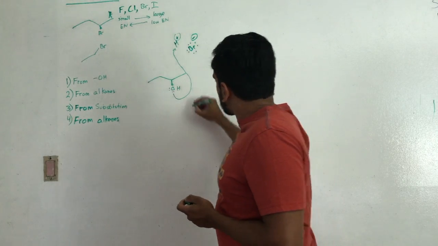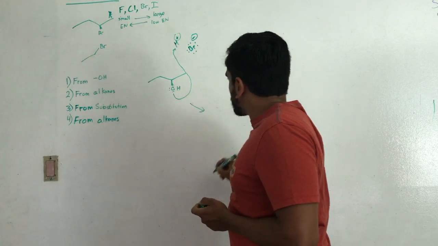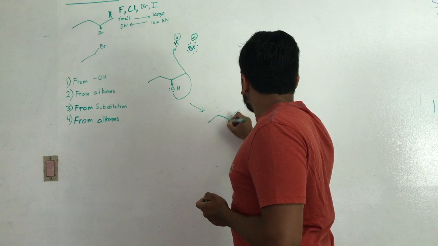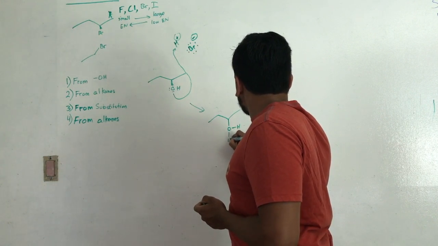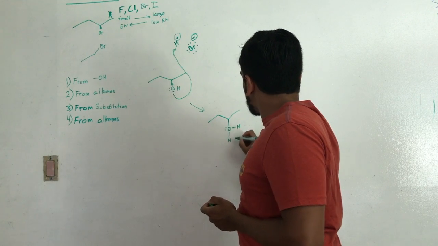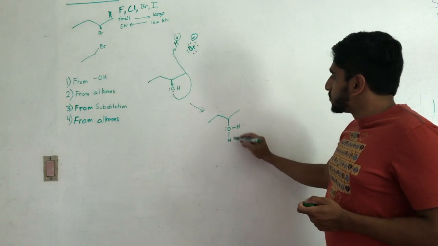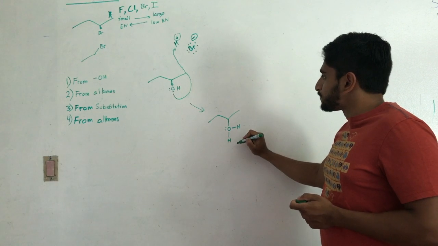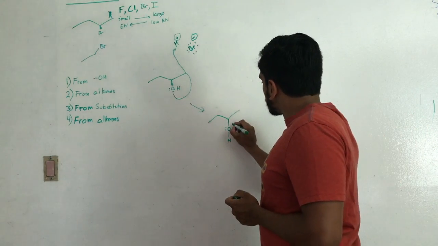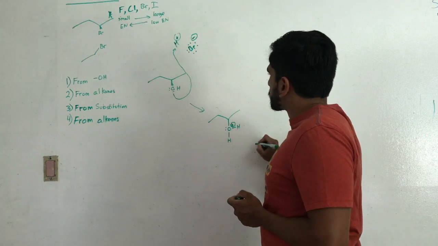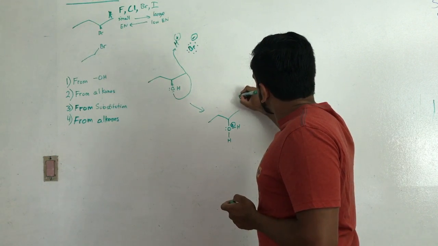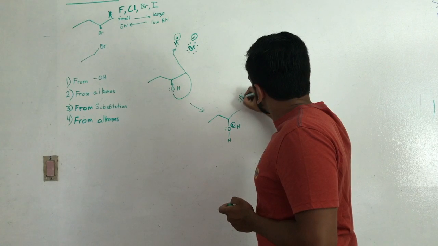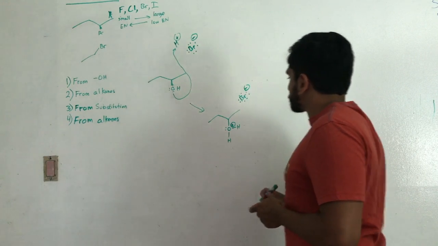So once that happens, the next step is you have this oxygen, which has one lone pair instead of two and three bonds. So now this oxygen has a plus charge, and your bromine still has a minus charge and is still in its ionized form.